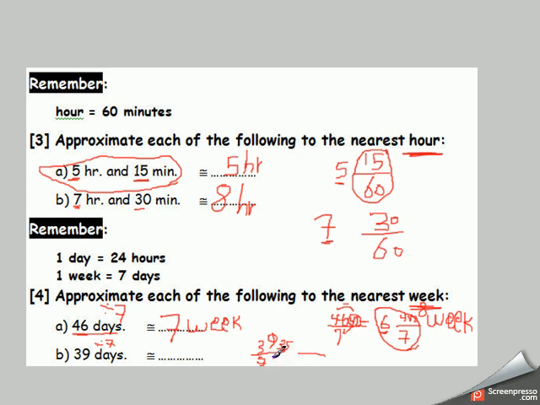Excellent. 35 divided by 7 equals 5, mister. And 39 minus 35 equals 4, mister. And write 7 again. Okay, mister. Don't forget to write weeks. When I approximate to the nearest week, this fraction stays the same. 4 over 7 is strong, so the 5 will be increased by 1, becoming 6 weeks.